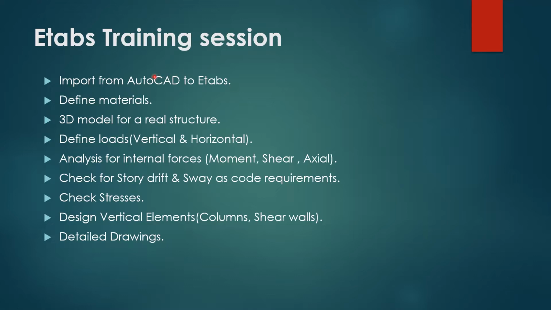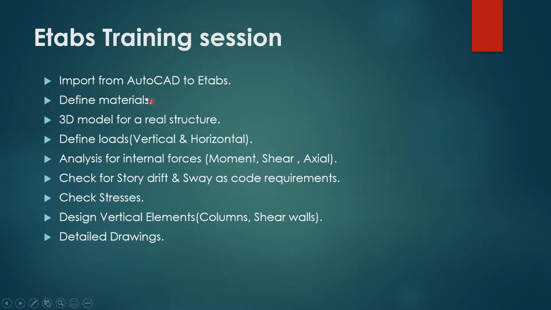That's why the architect usually has conflicts with the structural engineers, because sometimes the architect wants the column in a particular position, and sometimes the structural engineer doesn't want this column here because of structural analysis issues, safety issues, factors of safety. So the first thing we should know is how to import from AutoCAD to ETABS.